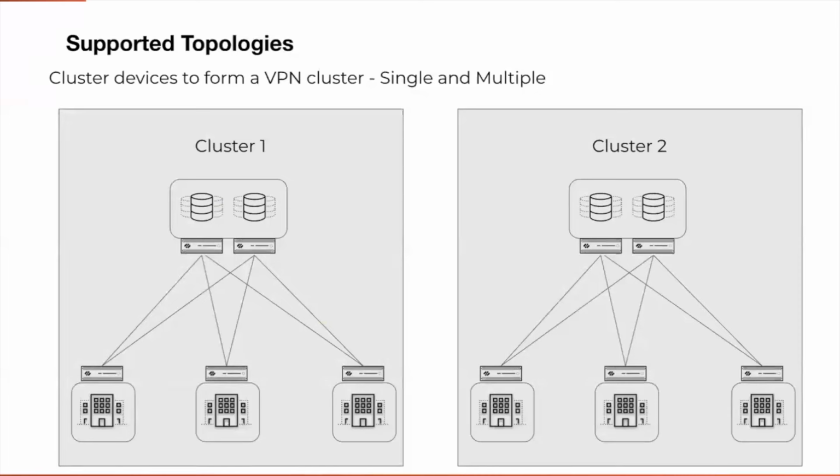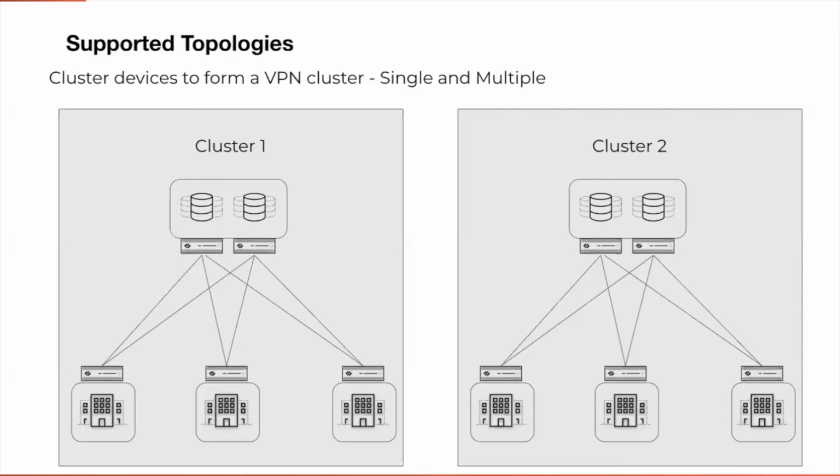What we have done with AutoVPN is, when the devices are onboarded or registered and activated with Strata Cloud Manager, you can bring those devices and create something called VPN clusters. There can be a single VPN cluster or multiple VPN clusters, and you can have hubs and branch devices. Hub devices are the ones which sit in the data center. The idea with clusters goes back to how customers deploy branch and data center devices.